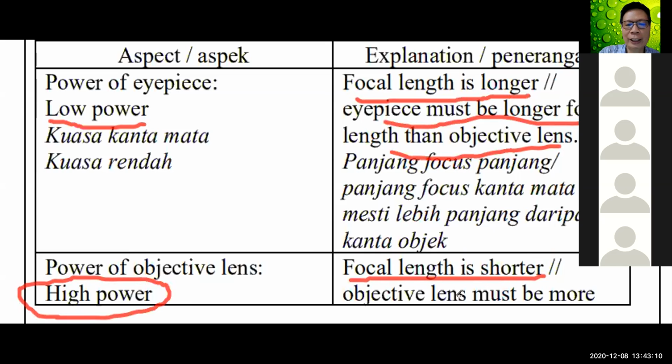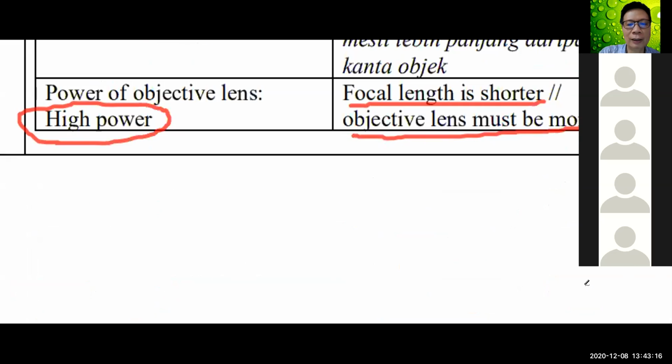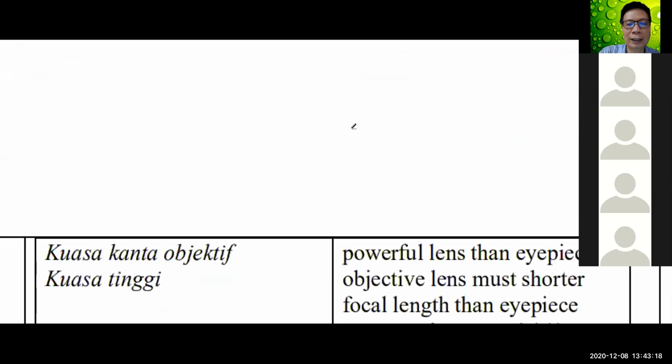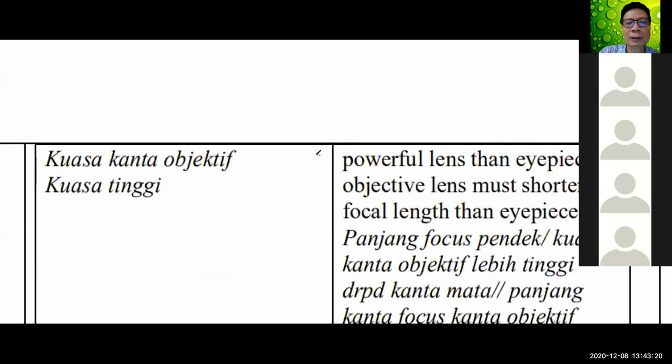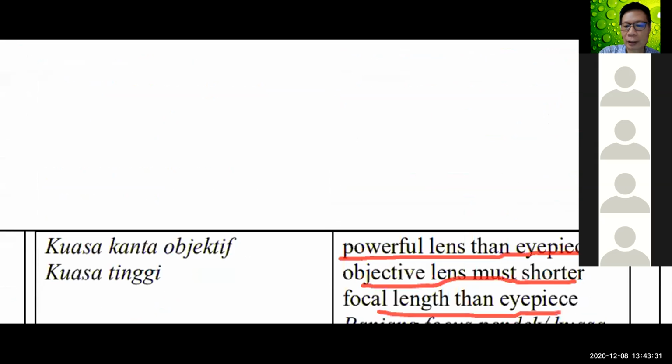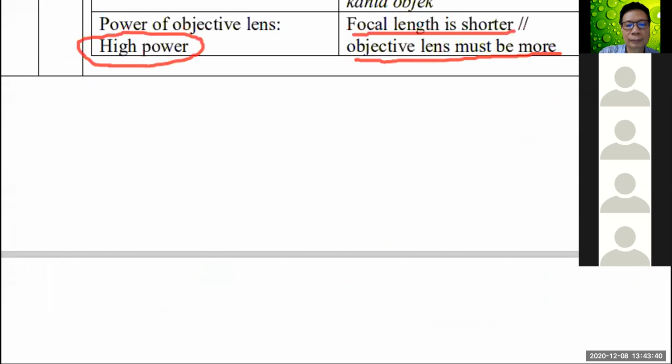And the objective lens must be more powerful. It's supposed to be more powerful than the eyepiece. Objective lens must have a shorter focal length than the eyepiece. Okay, I make it smaller so you can all see the whole thing.